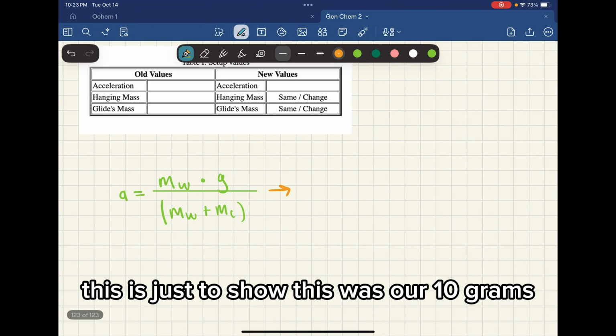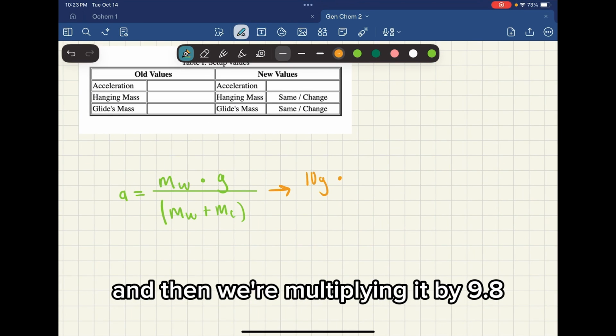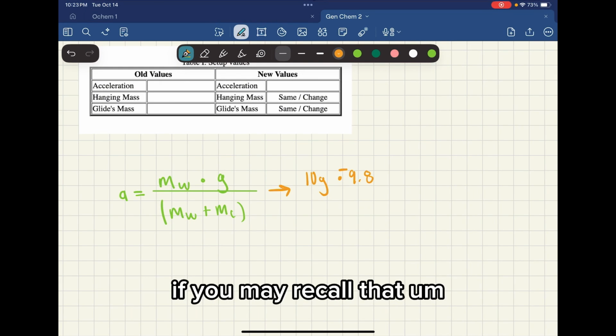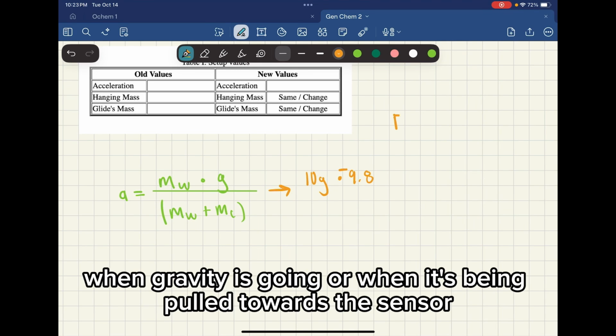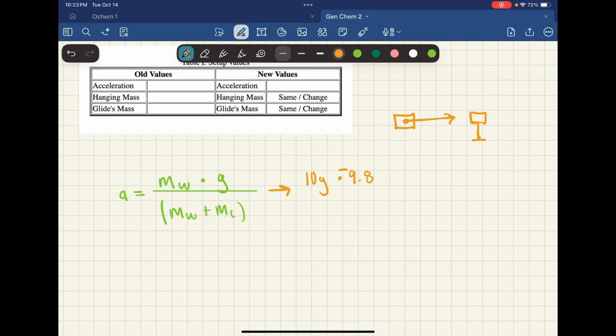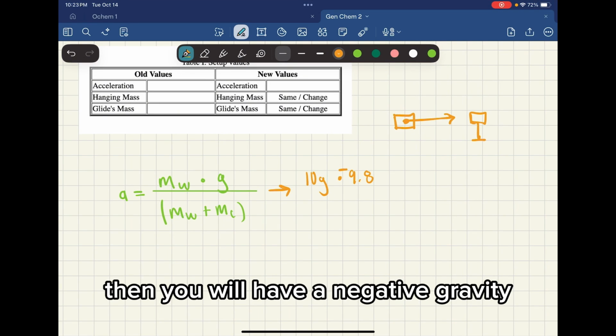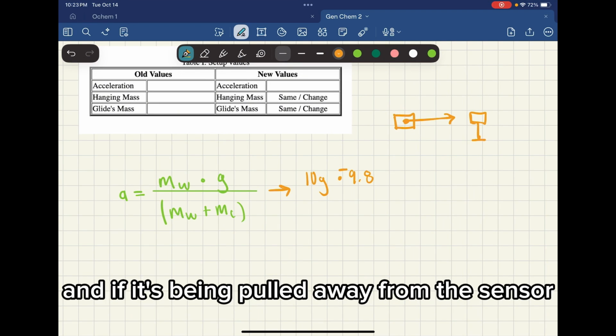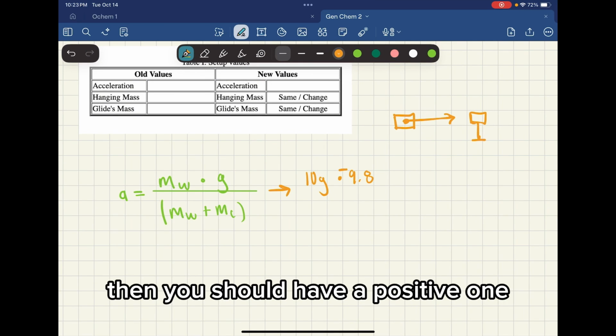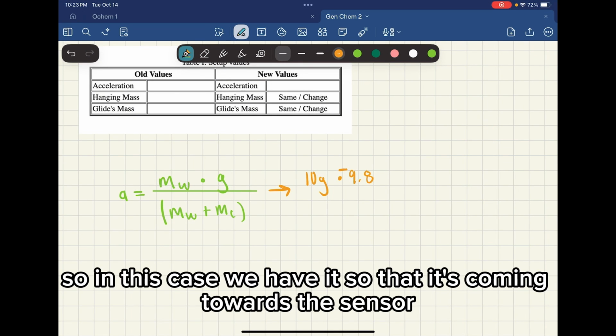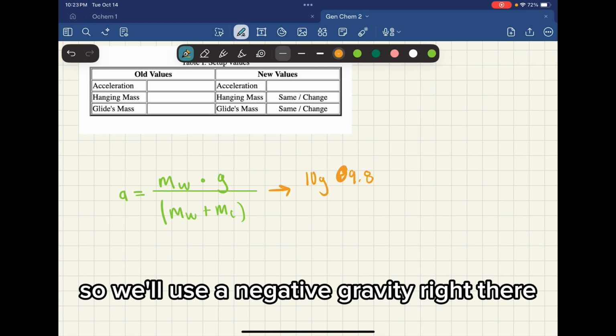And when we do that, we can just replug in our old values. This was our 10 grams, and then we're multiplying it by 9.8, and specifically negative 9.8. If you may recall, when gravity is pulling towards the sensor, you will have a negative gravity, and if it's being pulled away from the sensor, then you should have a positive one. In this case, it's coming towards the sensor, so we will use a negative gravity.